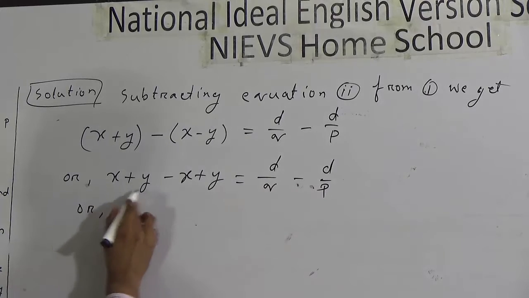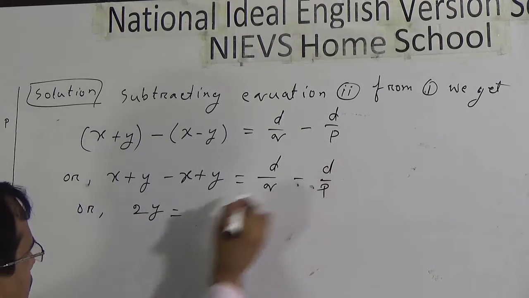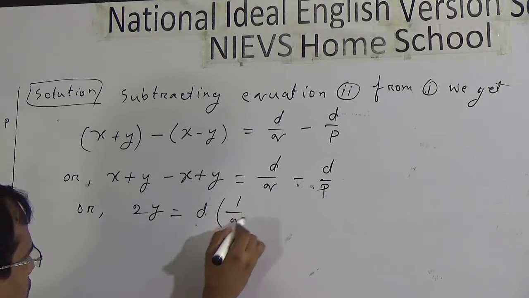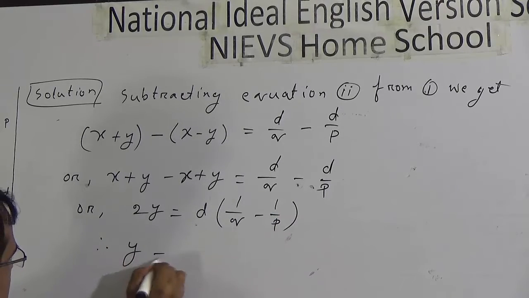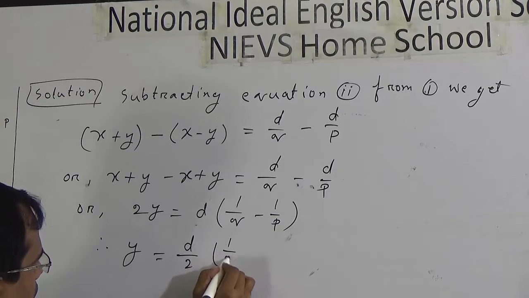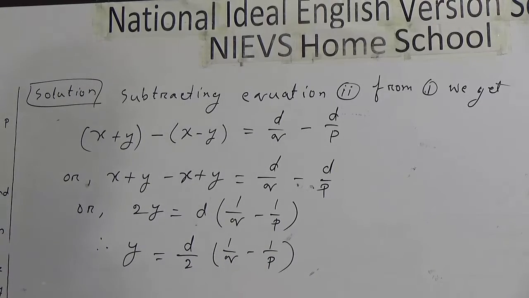Or we can cancel this plus x and minus x, then ultimately 2y will exist. This is equal to, here d and d are common, so we can write d outside of the bracket, then 1 by q minus 1 by p will come. Therefore y is equal to d by 2 into 1 by q minus 1 by p. It's the other answer. So we have got two answers.